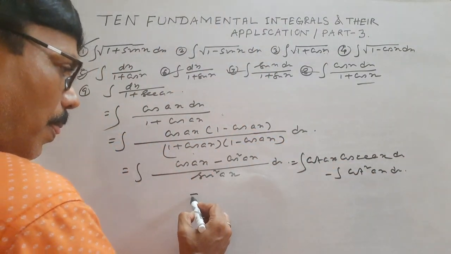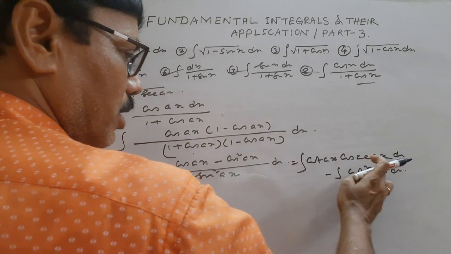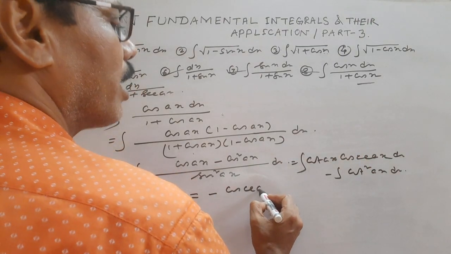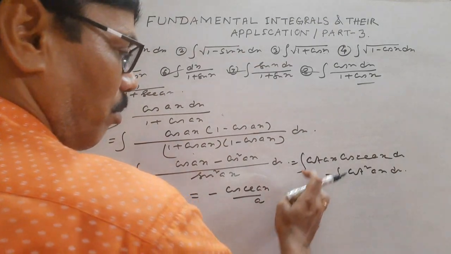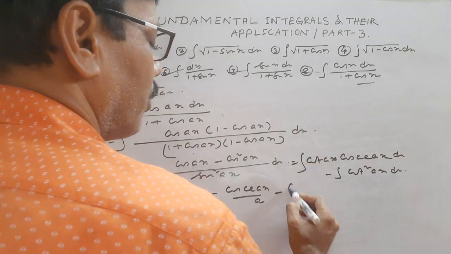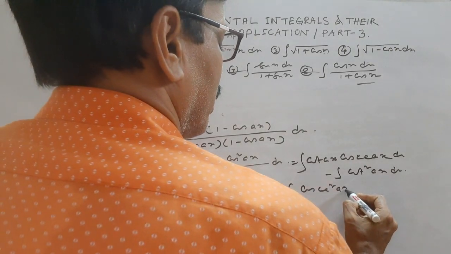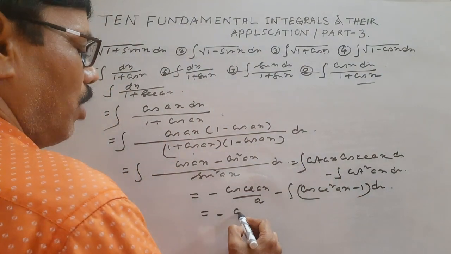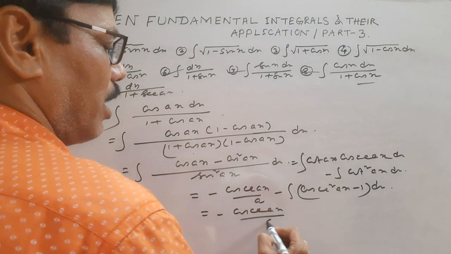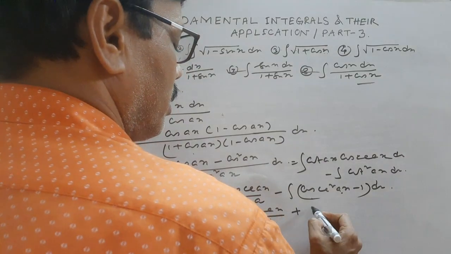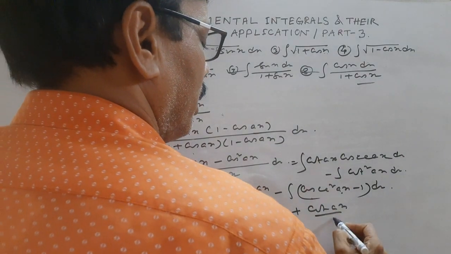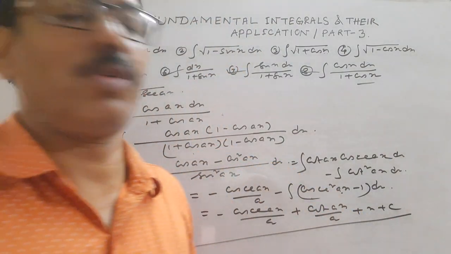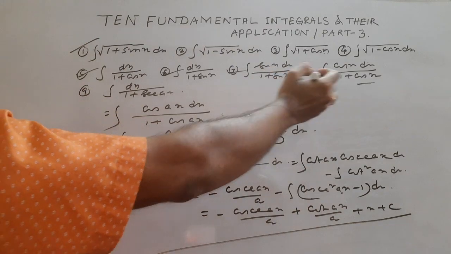So cot x cosec x, so minus cosec x by a, and this is cosec square x minus 1. Now finally minus cosec x by a, cosec square, so cot minus minus plus cot x by a plus x plus c. Now for this problem a equals 1.